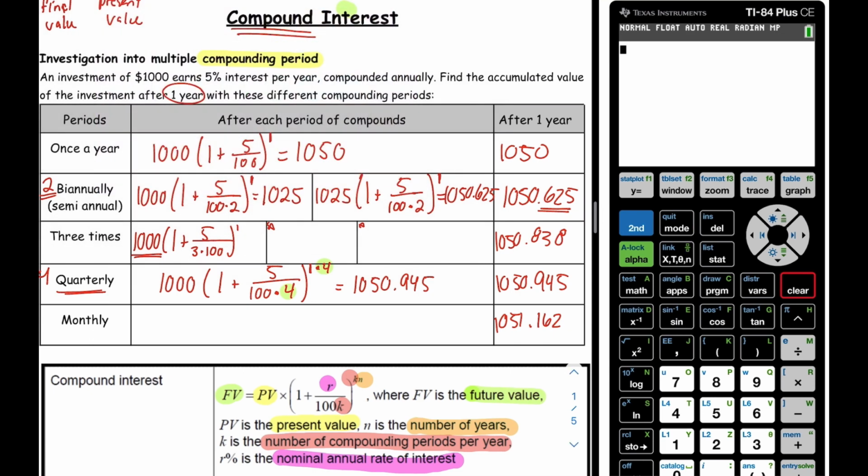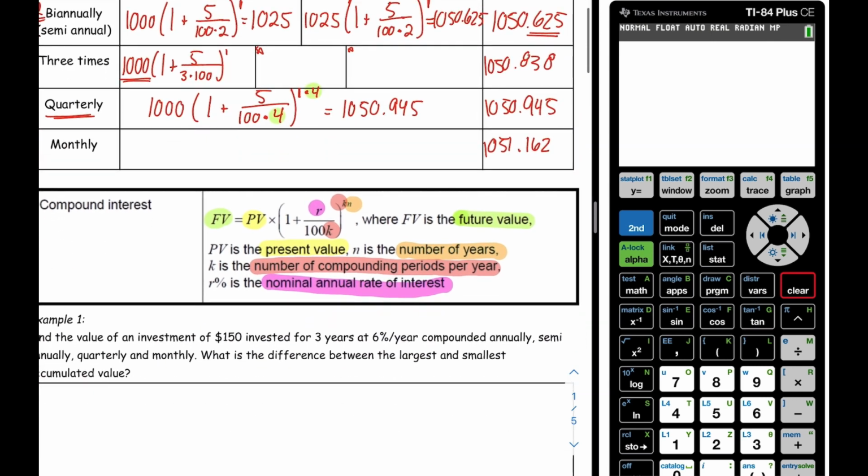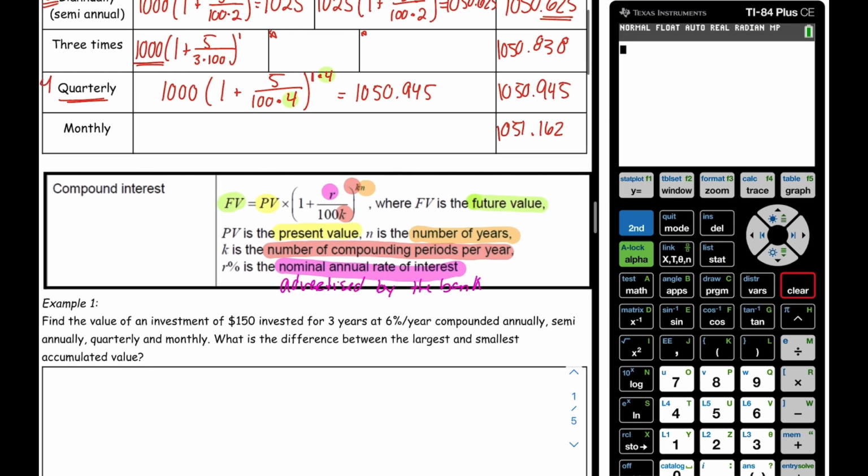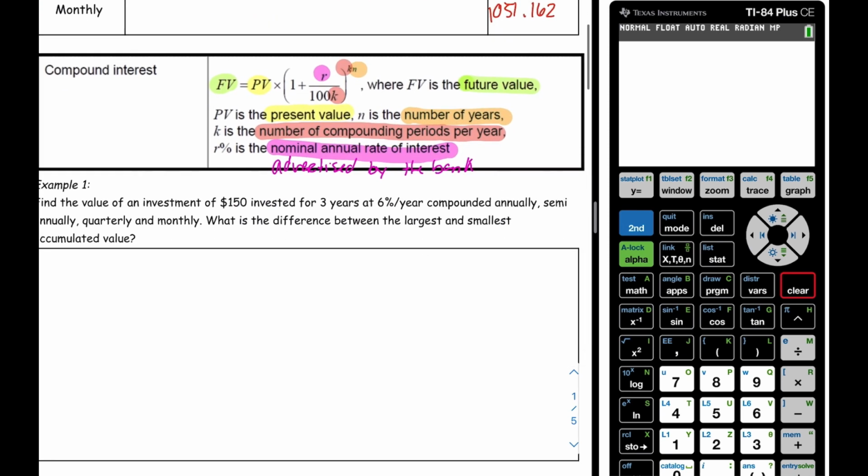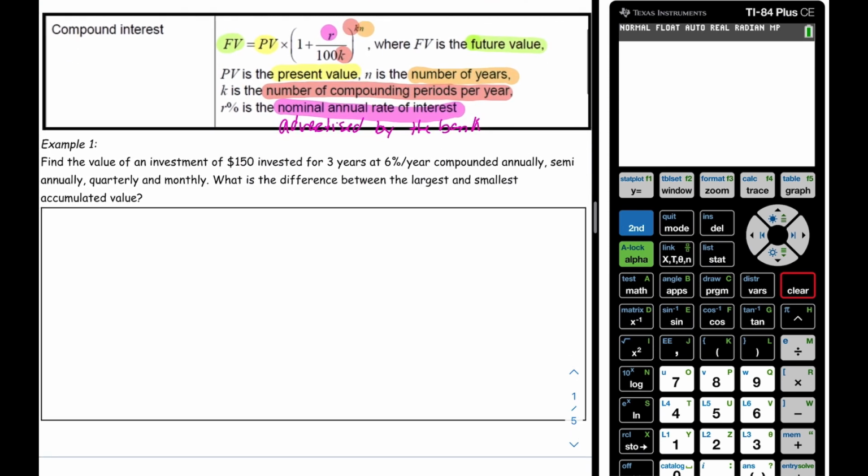Well, that is simply what the bank tells you each year. So this nominal interest rate is advertised by the bank. Good. And this is going to be the formula that we're going to be using to answer all of our questions to follow. Let's do example 1 together.